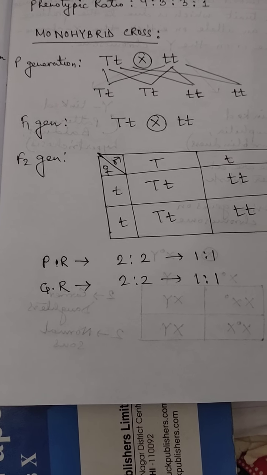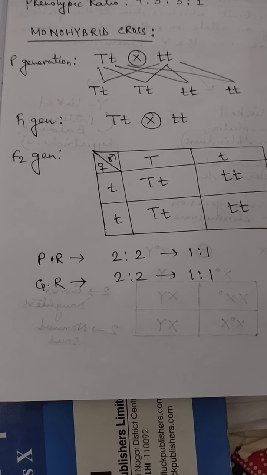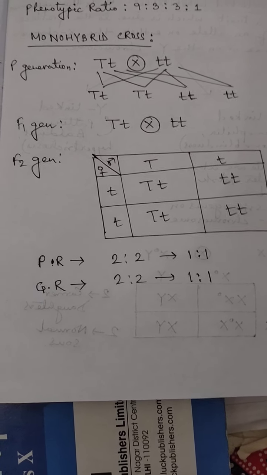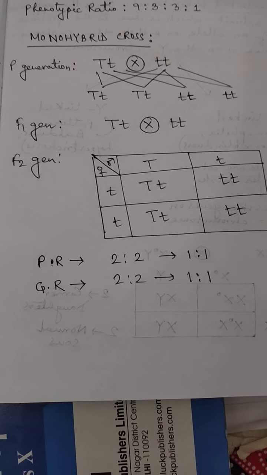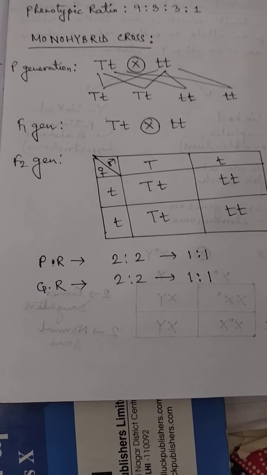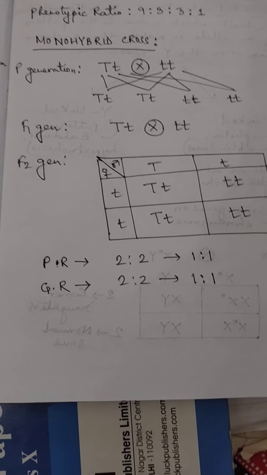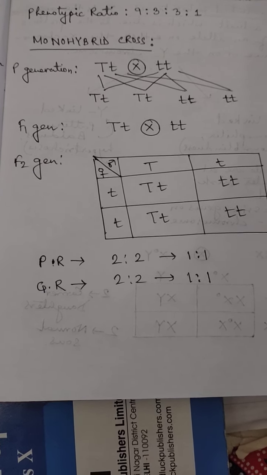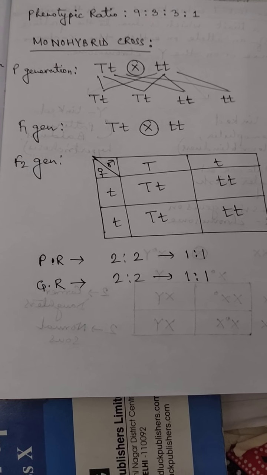In the F1 generation, when I take common from these 4 genotypes, I am taking Tt and crossing with t, the same genotypes which we have got in the parental generation. So it's very easy.